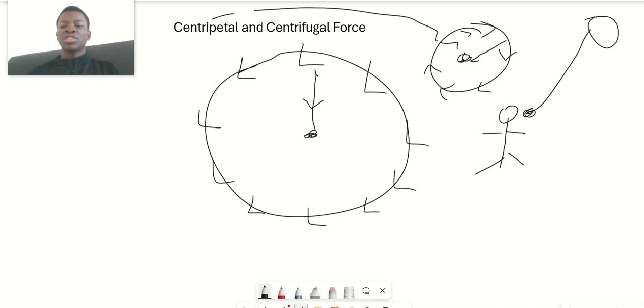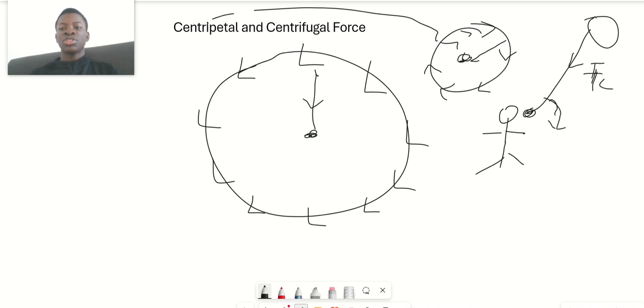As long as the person keeps pulling this string and turning it, it's going to keep rotating in circular motion. And so the force that is directed towards the center of the circle, that's the person's hand, is the centripetal force. We can call that FC, the centripetal force.